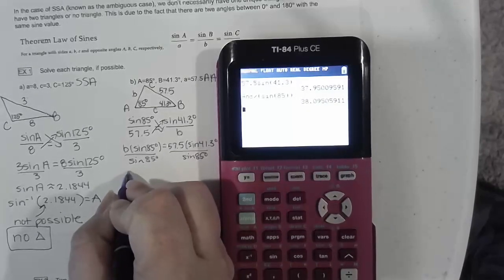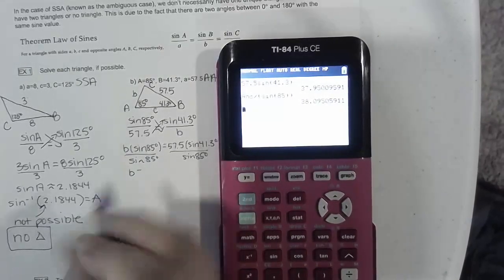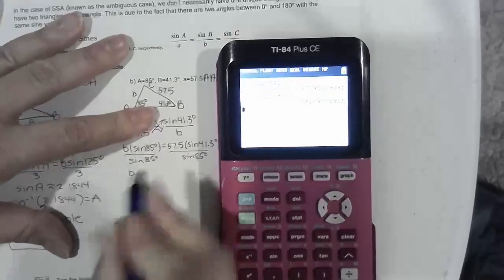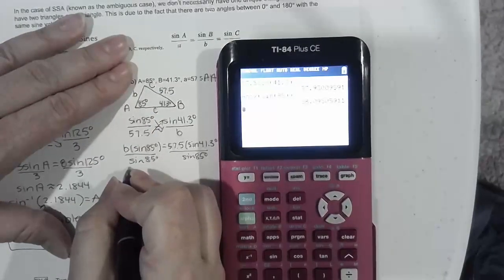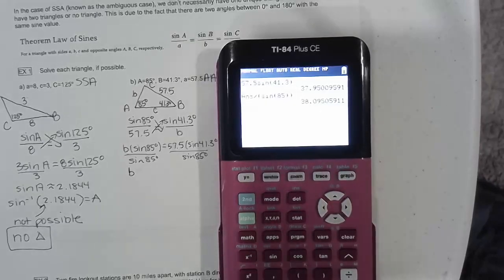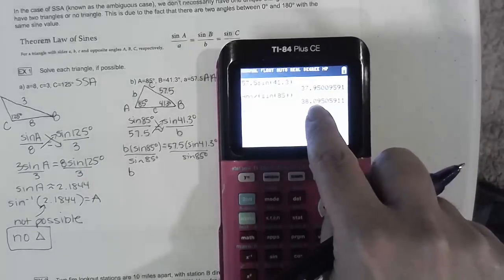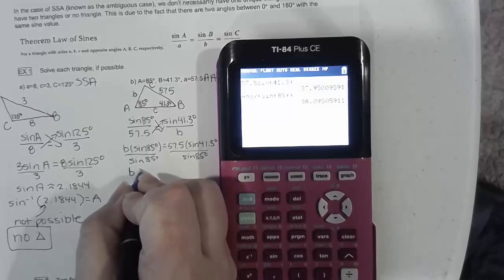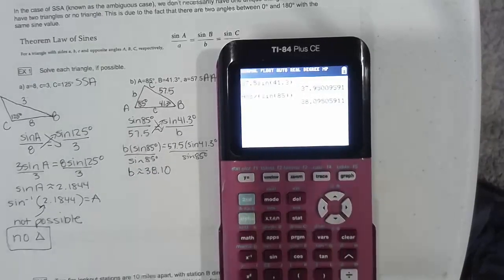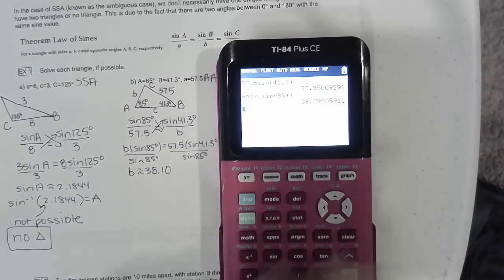And so that gives me B equals, I guess I should put an approximate value. Remember that generally, unless they tell us otherwise, we're going to round side lengths to 2 decimal places and angles to 1. So the 5 bumps that up, so we'd be at 38.10 for side B.